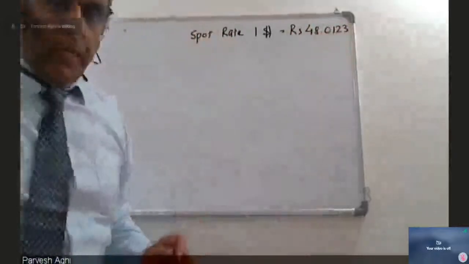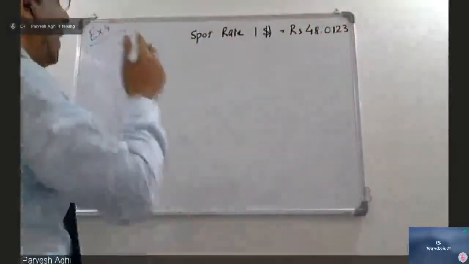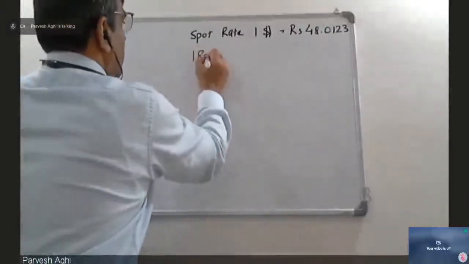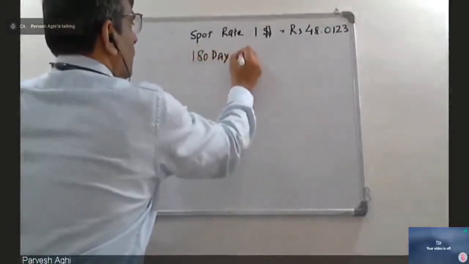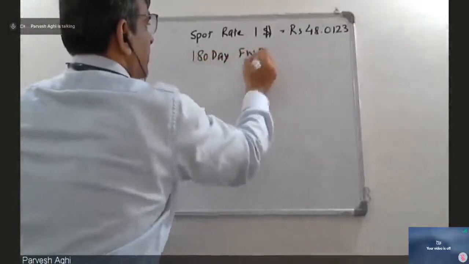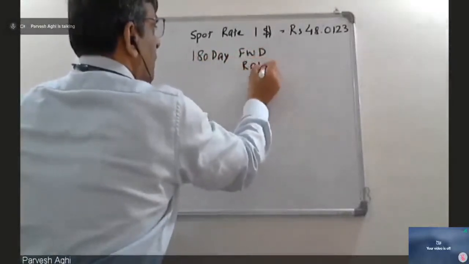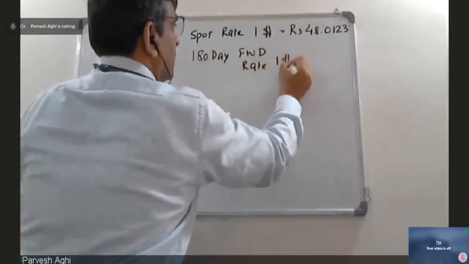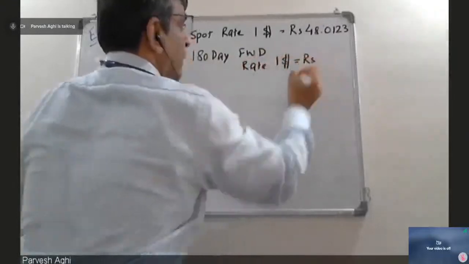So this is the spot rate which has been given, and then the 180 days forward rate is also given, which is $1 is equal to rupees.